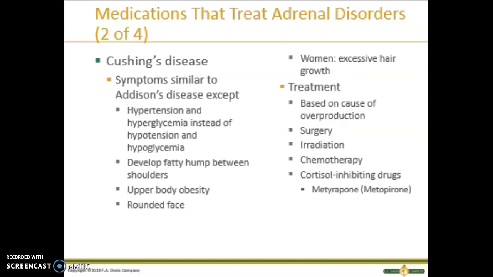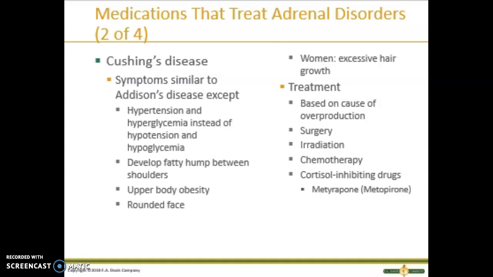Now let's look at Cushing's disease. Cushing's disease occurs when the adrenal cortex oversecretes the glucocorticoids and causes symptoms similar to Addison's disease, except that patients experience hypertension and hyperglycemia instead of hypotension and hypoglycemia.